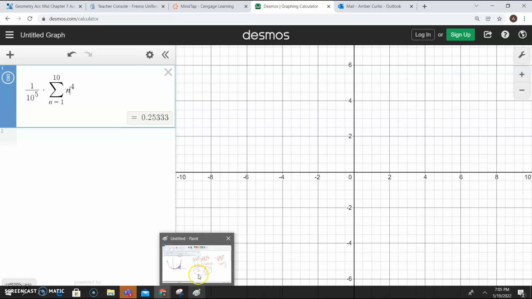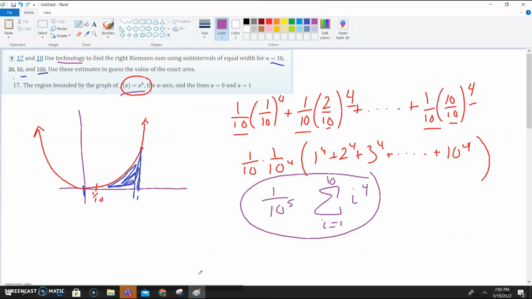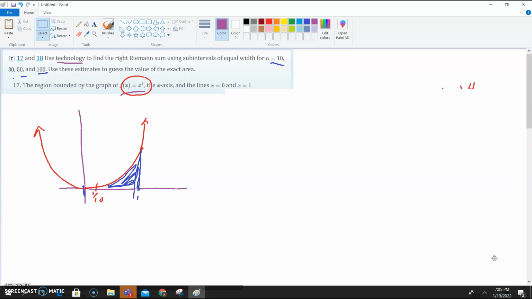Now note, if we change this, and instead of doing rectangles of size 10, let's say we decide we want to do 30. So it's going to be very similar. The only difference is our first one will be 1 over 30. The next one will be 2 over 30. So we have 1 over 30 times 1 over 30 to the fourth, right?